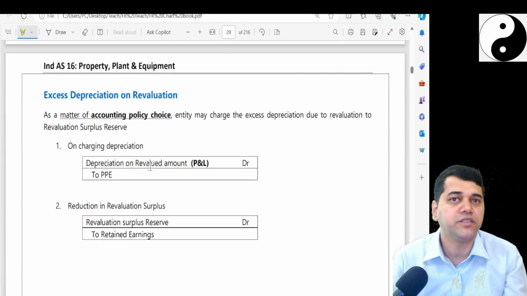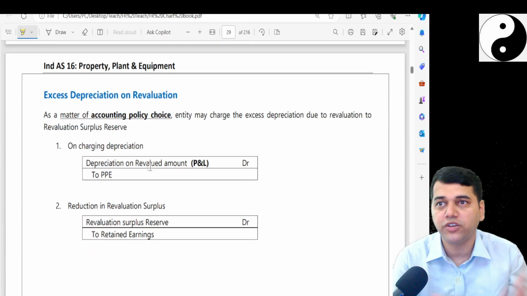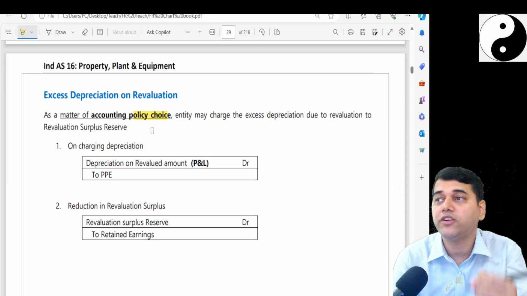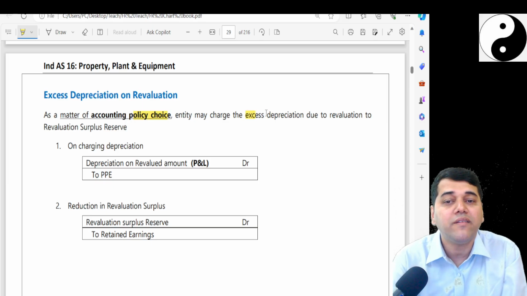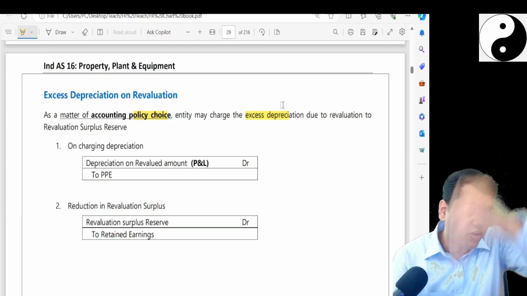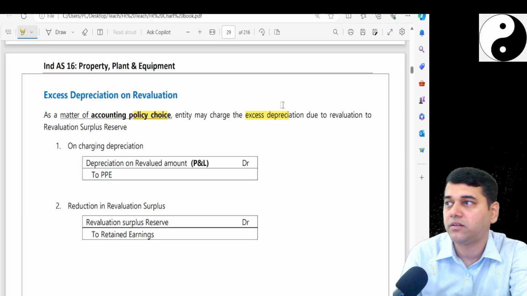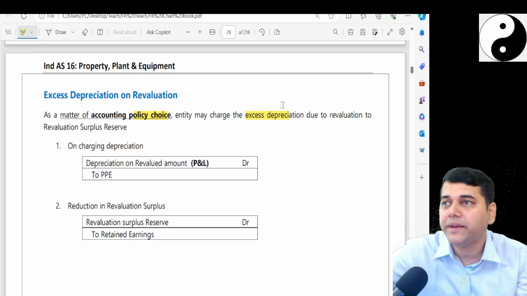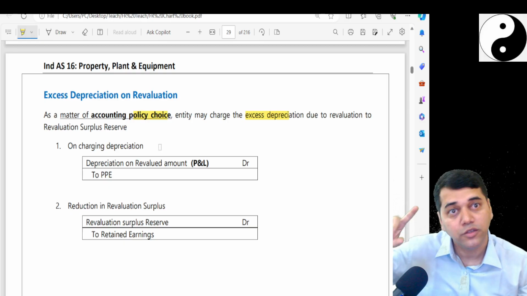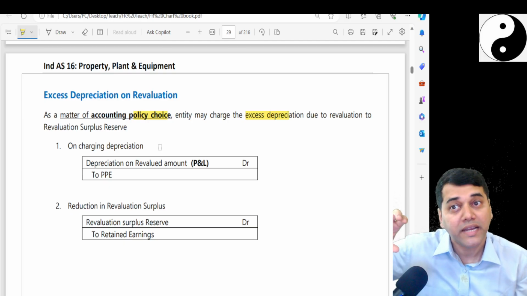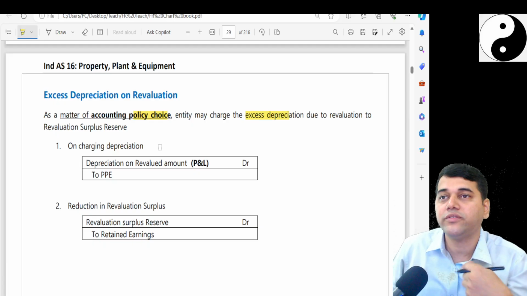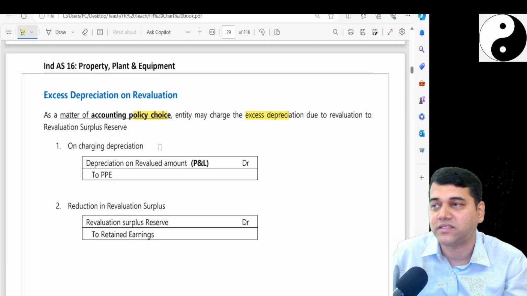Now excess depreciation. The moment you do the revaluation, depreciation is going to increase going forward. Then you have got one choice. This is called an accounting policy choice. Remember that whatever extra depreciation comes, see, if there is a fall in the revaluation, depreciation also will fall, and the fall in valuation will go to the P&L account. Nothing doing. But if you have increased the revaluation, you would have created one reserve. And next time, depreciation also will increase. Your P&L effect is also going to increase now. Then you say, sir, that reserve is unrealized.